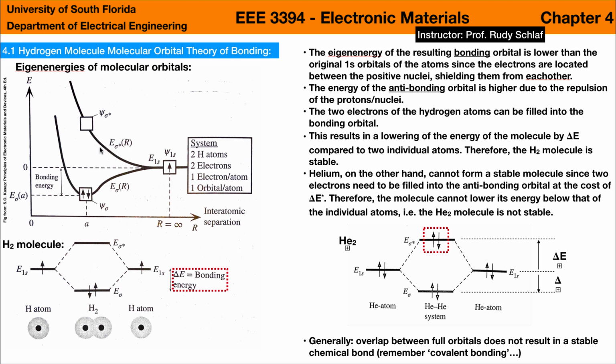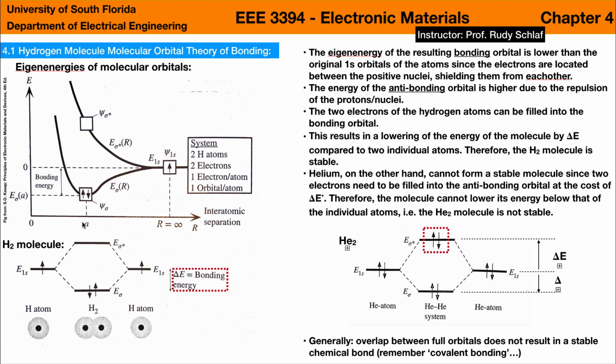The upper curve reflects the repulsive interaction between the two protons that are not shielded by electrons in between them, so the energy just keeps going up as we reduce the distance between the two nuclei, while the bonding curve down here goes through a minimum which defines the bonding radius, and at this minimum the electrons are in between the nuclei and they're just shielded enough from each other while still bonded together that we have an energy minimum.